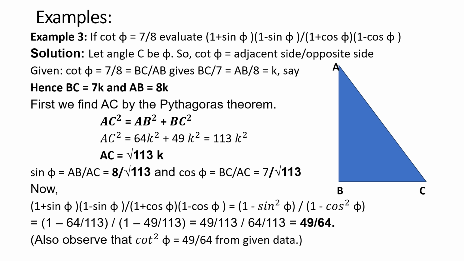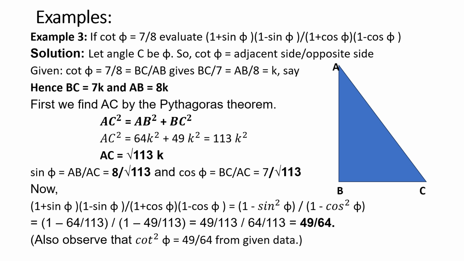Now cot phi is given to us, but what is cot? Cot is adjacent side upon opposite side. Angle C is our angle phi. Which is the adjacent side to angle C? It is BC, and which is the opposite side? It is AB. Now it is given cot phi is 7 by 8, which is equal to BC upon AB.